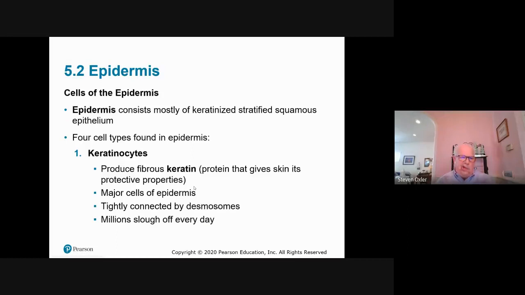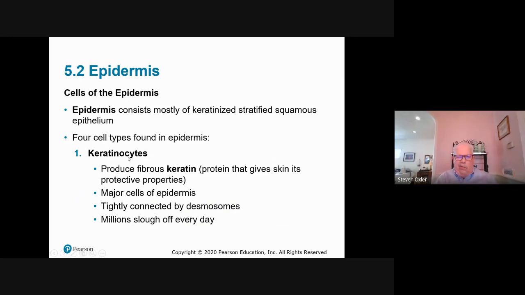So, what cells make up the epidermis? Well, the epidermis is mostly keratinized, stratified, squamous epithelium. I think I asked this question on exam number 1. It is stratified squamous epithelium that has a protein on it, and that protein is called keratin. There are 4 cell types in the epidermis.